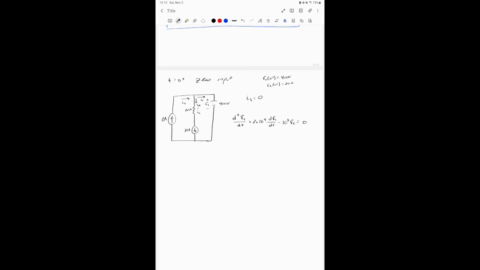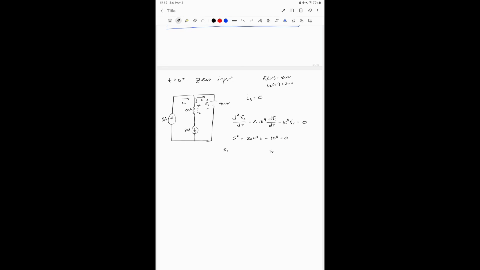Okay, so now we can solve this like a differential equation, which means that we can go s squared plus 2 times 10 to the 4th s minus 10 to the 8th is equal to 0. And we're going to need to find an s1 and an s2. You can use the quadratic formula. You can use really however you want to do it.